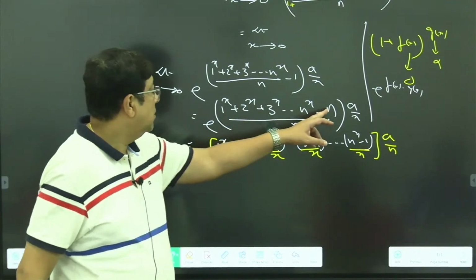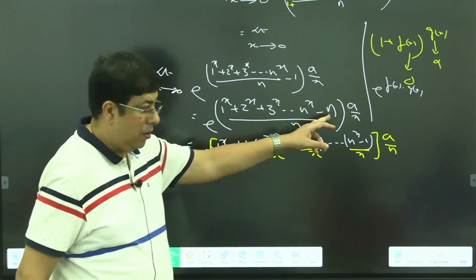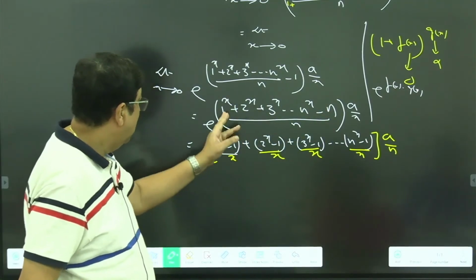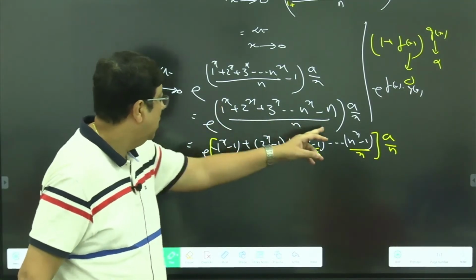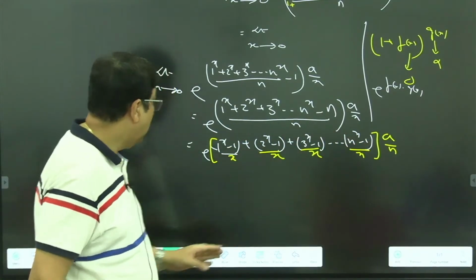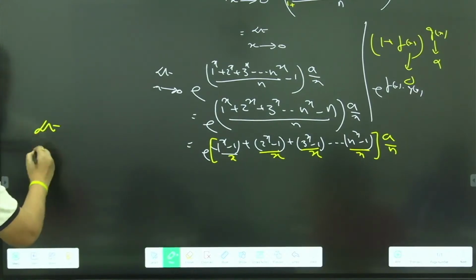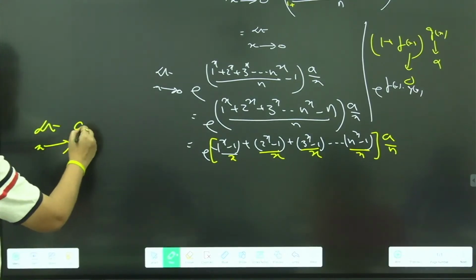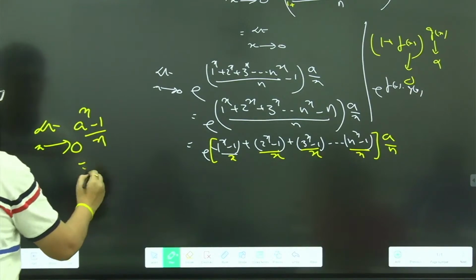In 1 to the power x, there are n number of 1s. I am distributing the 1, so 1 to the power x minus 1. This x I am taking inside and n is outside, because we have to apply this result: limit x tends to 0, (a to the power x minus 1) by x equals log a.